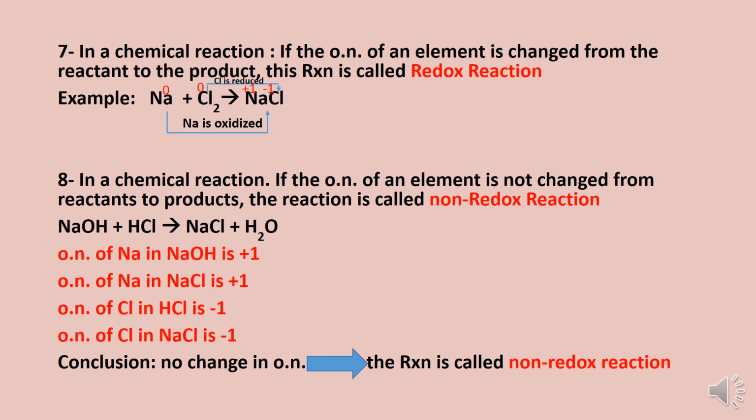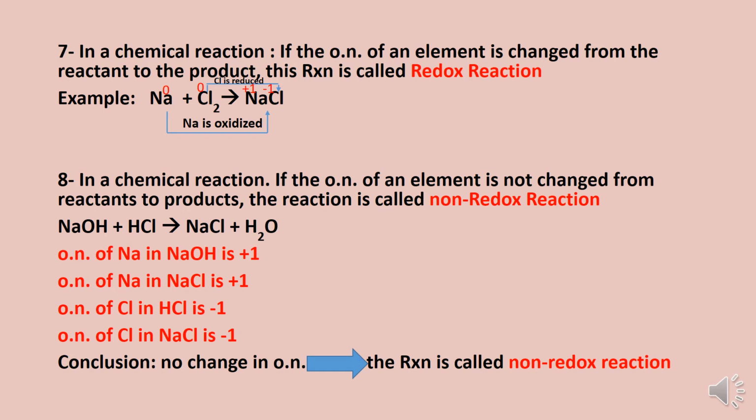Now the last rule is, in a chemical reaction, if the oxidation number of an element is not changed from reactants to products, the reaction is called a non-redox reaction. Let's take an example. NaOH, a strong base, plus hydrochloric acid, a strong acid, gives NaCl plus H2O. Let's compare the oxidation number of Na in NaOH and in NaCl.